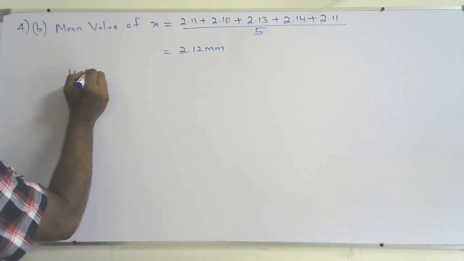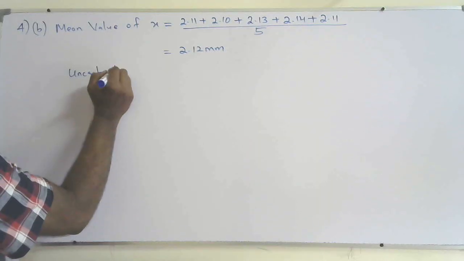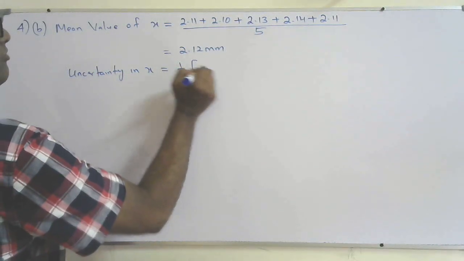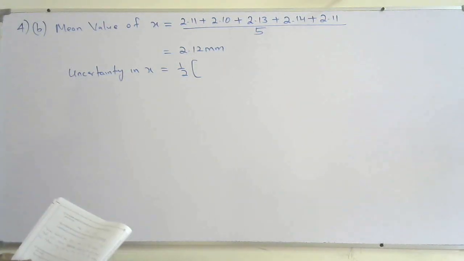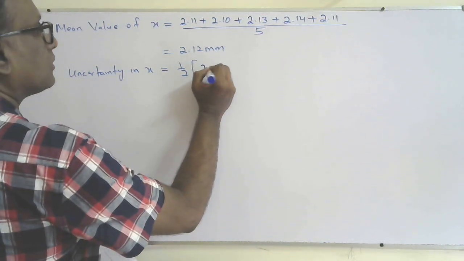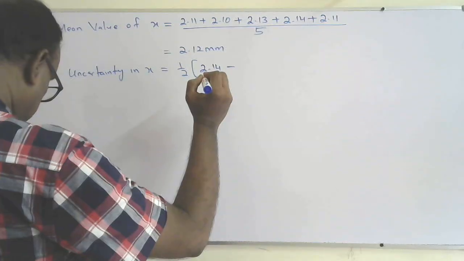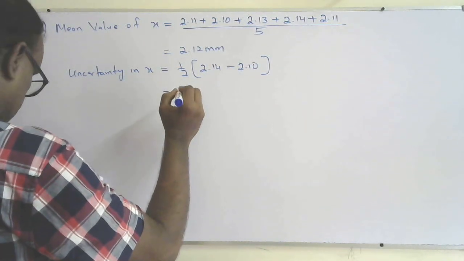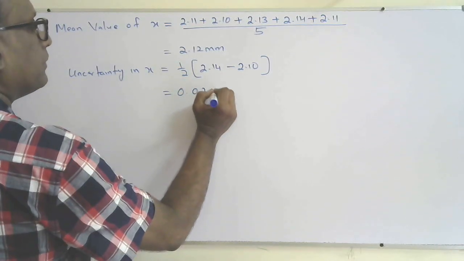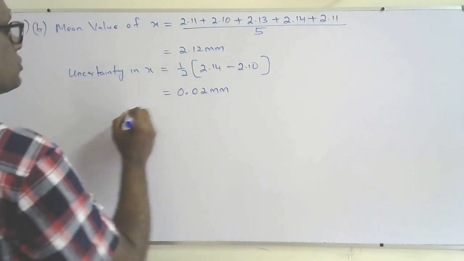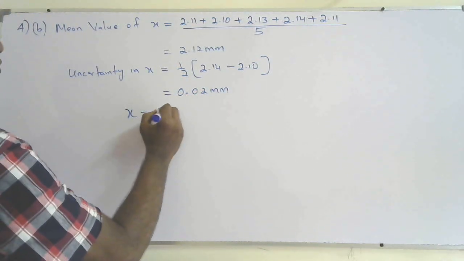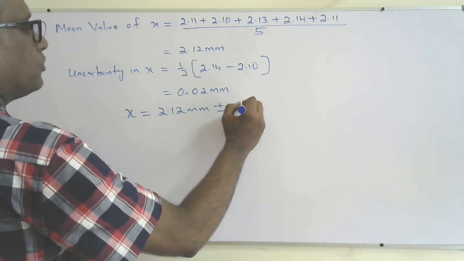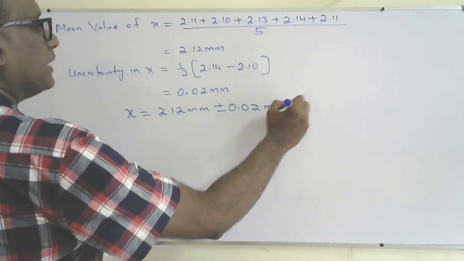Uncertainty in X: for repeated measurements, it is half of max minus min. So the maximum is 2.14, the minimum 2.10. So that will be 0.02 millimeter. So I can say X equals 2.12 millimeter plus or minus 0.02 millimeter.